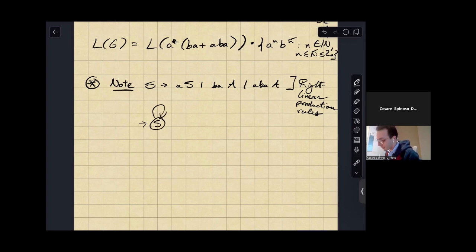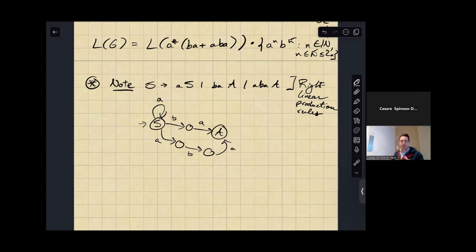AS means that you have a self loop on S with A. Then BAA would be something like, you have a B, then some intermediate states, then an A, and then you go to state A. That's one way of getting to A. Another way might be by reading an A, then a B, and then an A.